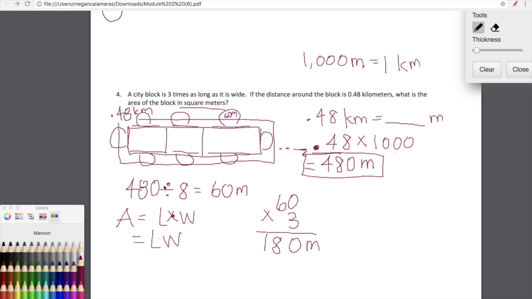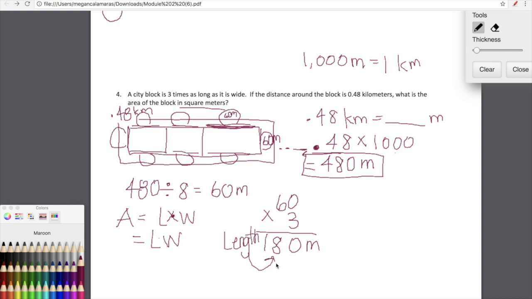Well, we know that 480 was divided evenly into each of the 8 units that makes up the city block. So if this is 60 meters, and this is 60 meters, and this is 60 meters, and when I say this, I'm just looking at this individual unit, we know the width of the city block is 60 meters as well.